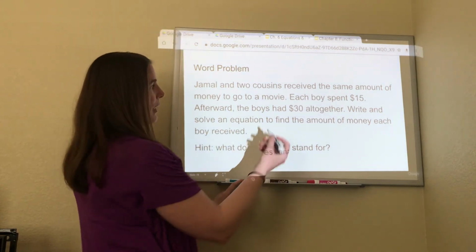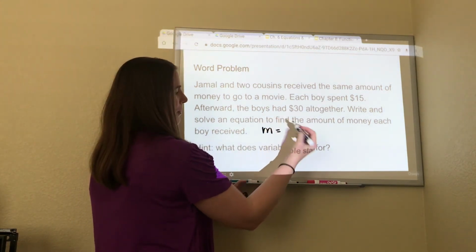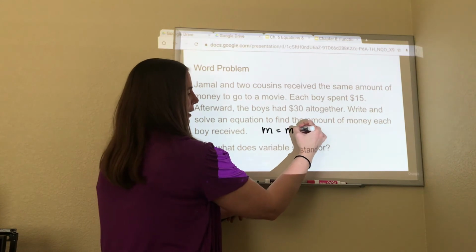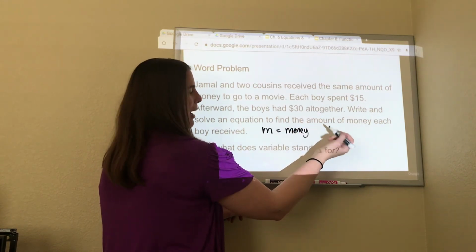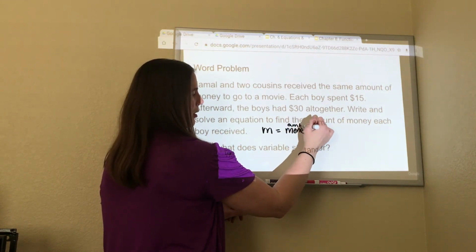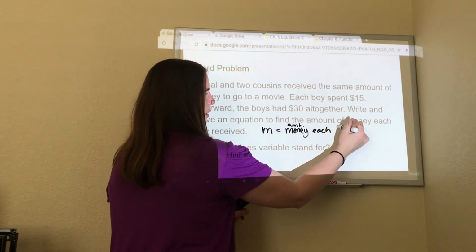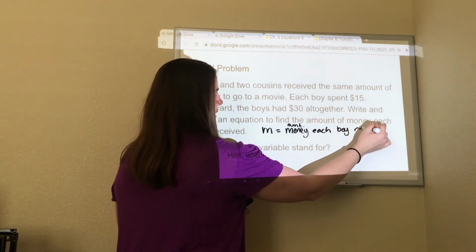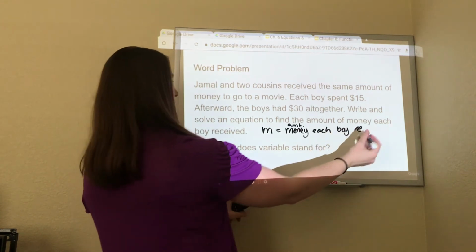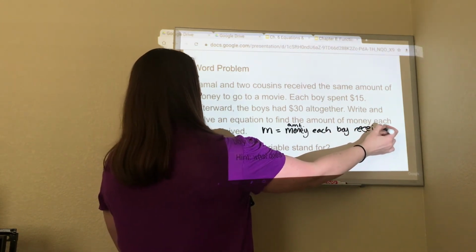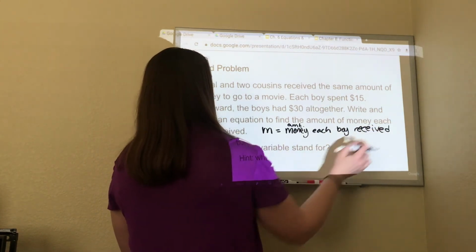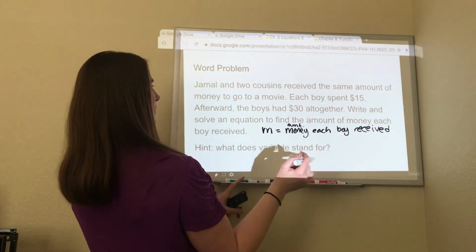I'm going to do m is going to be equal to the amount of money each boy received. I can never spell received. Is that right? I hope so.